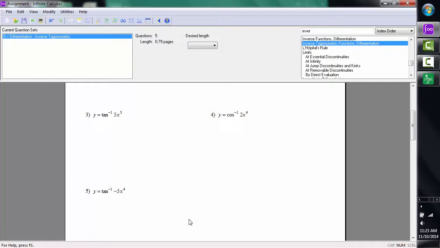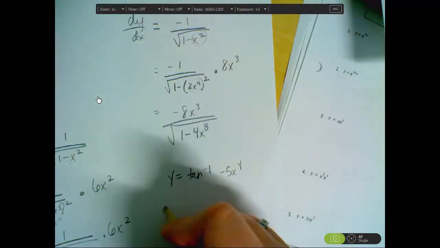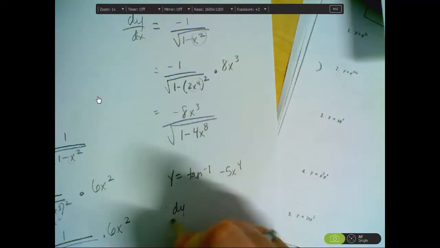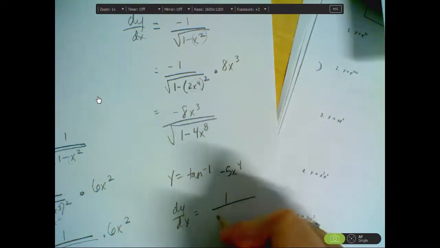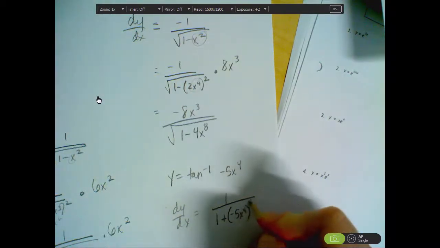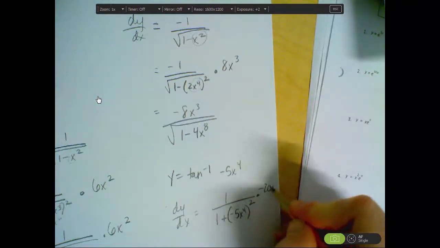Y equals inverse tangent of negative 5x to the 4th. So the formula says that the derivative of arctangent, or inverse tangent, is 1 over 1 plus x squared. So dy dx equals 1 over 1 plus negative 5x to the 4th squared times negative 20x cubed.